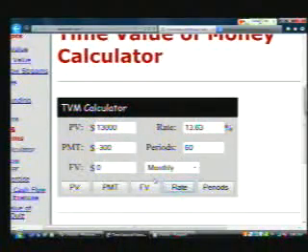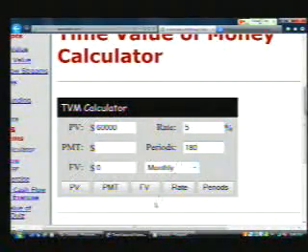You can use this time value of money calculator when you're buying a house in Enid, Alva, Ponca, or Woodward. You can buy a fairly decent house for $60,000. If you put it on a 15-year loan, by the way, if you have good credit, they'll probably give you about a 5% loan. 15 years, you'll have to calculate that in months.